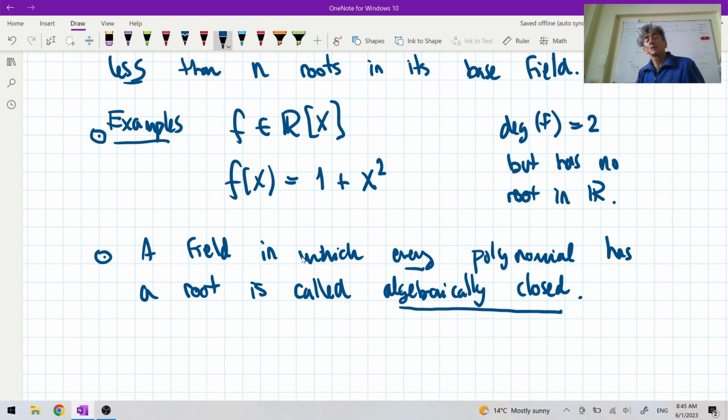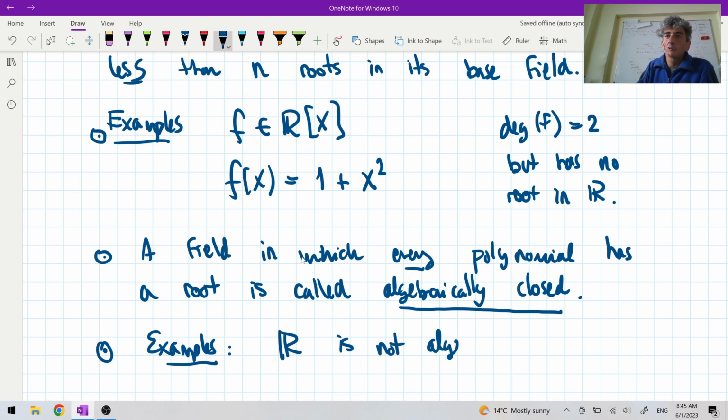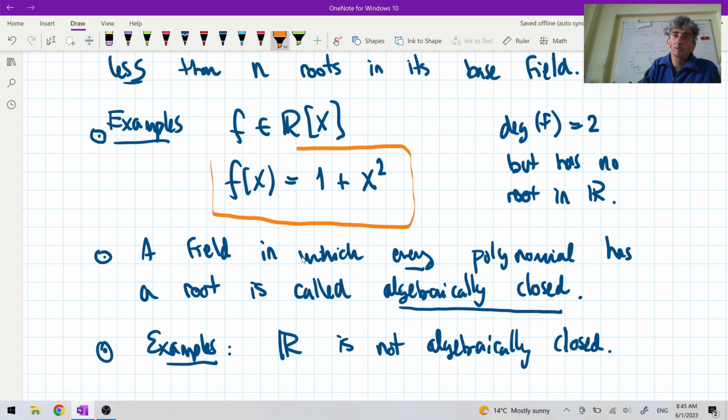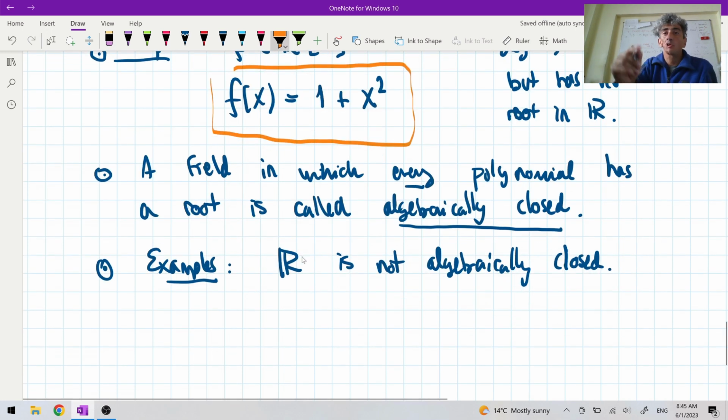There are algebraically closed fields, and there are fields which are not. Examples? Well, R is not algebraically closed, since we have here an example, this polynomial has no roots in R. Then C, the complex numbers, is algebraically closed.